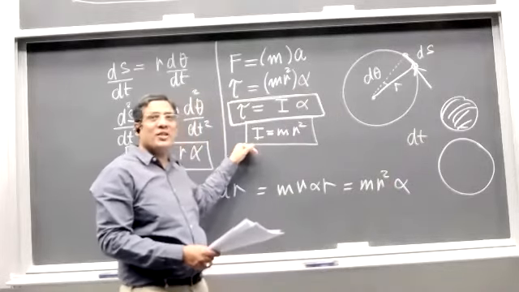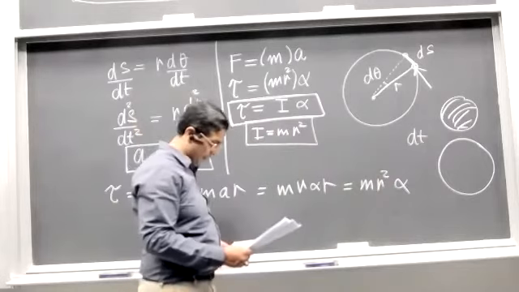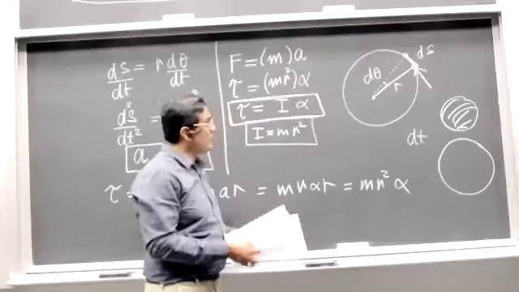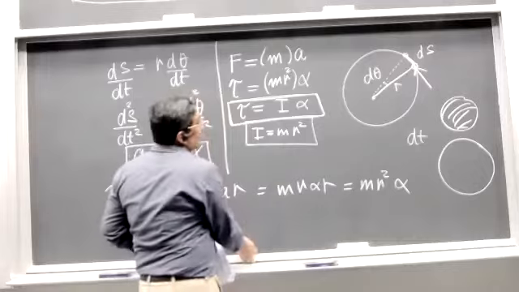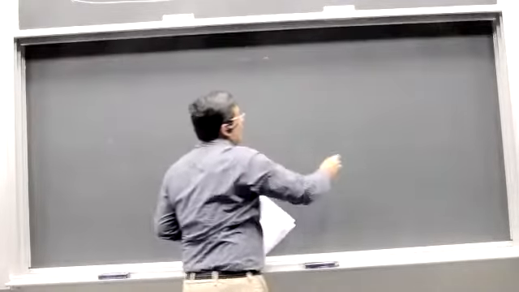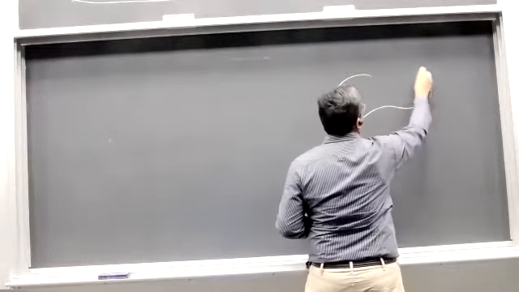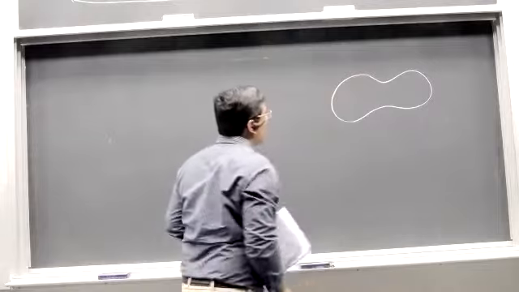And I'll write a more general form of this. Well, let me just write it here so that we conclude this discussion. Let's assume a very irregular object, something that looks like this, and you fix it.